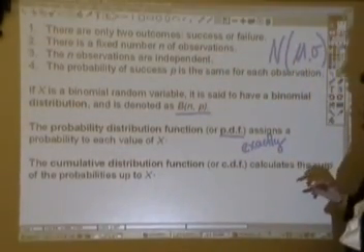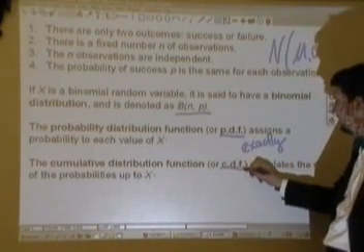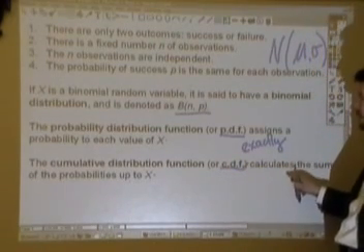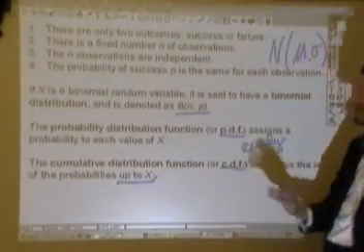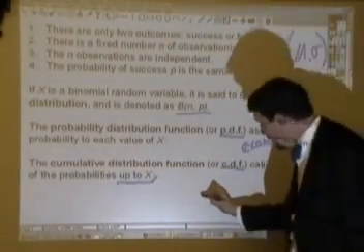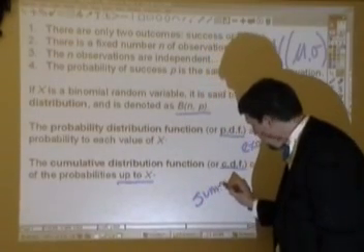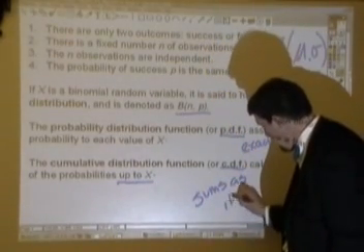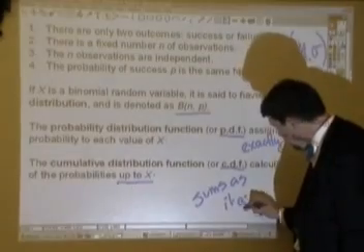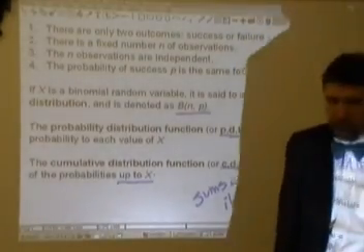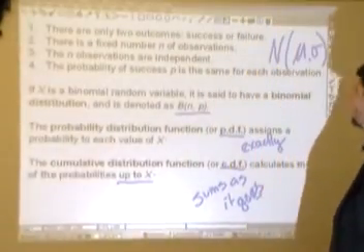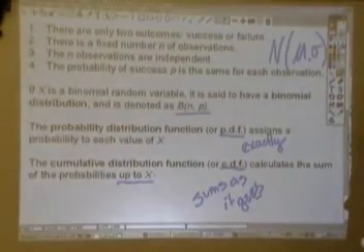Then we also have the cumulative distribution function, or CDF, which calculates the sum of the probabilities up to x, meaning up to and including x. So what this does is sum as it goes. It is cumulative, it sums as it goes.